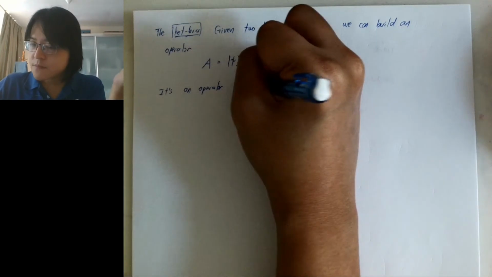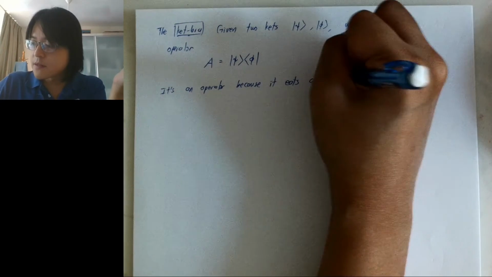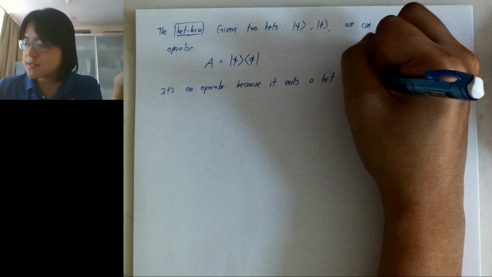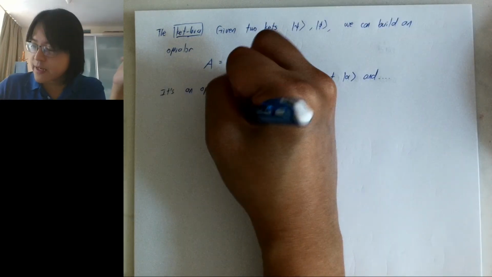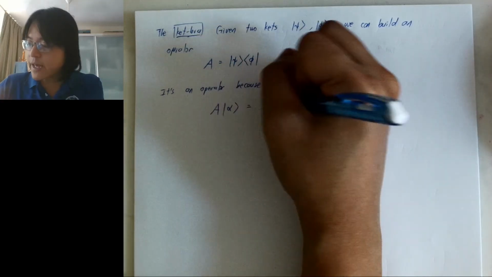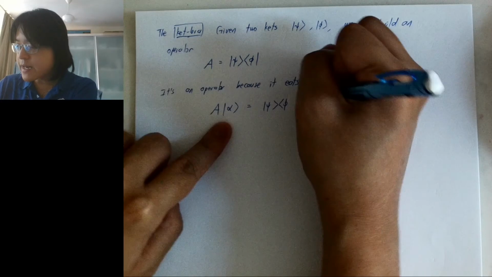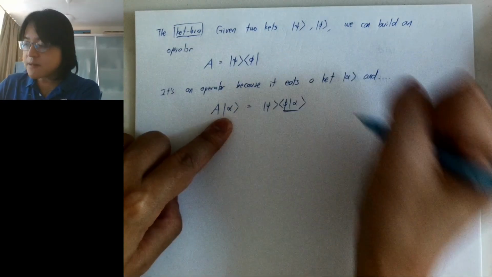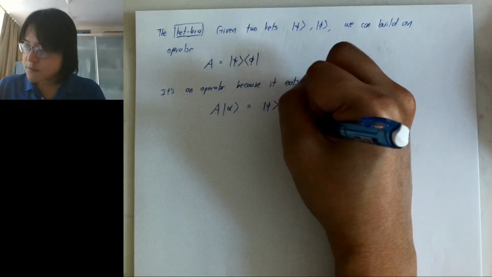It's an operator because it eats a ket. So let's take some other ket, let's call this alpha. What happens if I feed it this ket? A eats alpha, where A is equal to psi phi. So it's psi, phi, and then eating alpha. This thing, the bra-ket phi alpha, becomes a number.